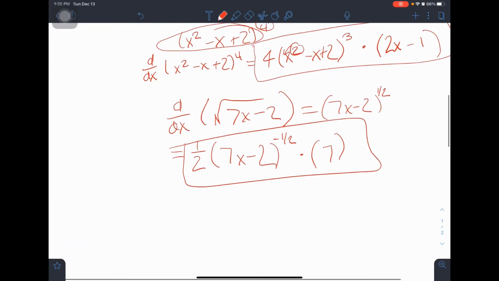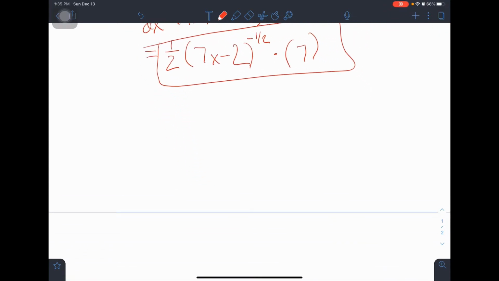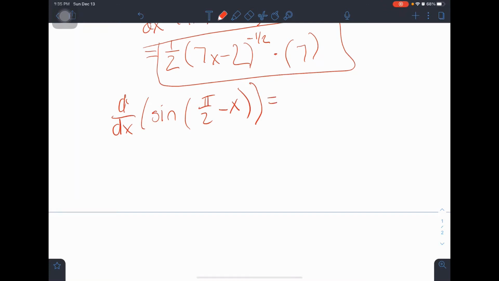Okay, moving on. We'll do a trig one for you guys real quick. So the derivative of sine of pi over 2 minus x. Well, in this instance, the outer function is sine, the inner function is pi over 2 minus x, so we find the derivative of the outer function times the inner function.